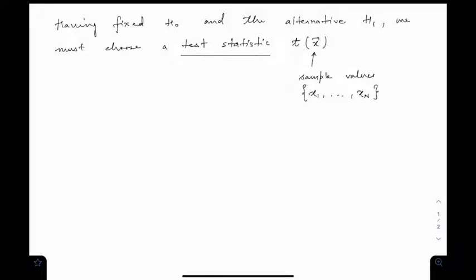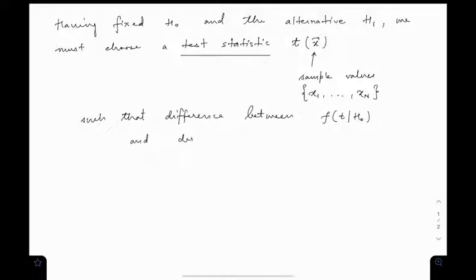And this must be chosen in such a way that the difference between the distribution under H0 and distributions belonging to H1 are as large as possible.